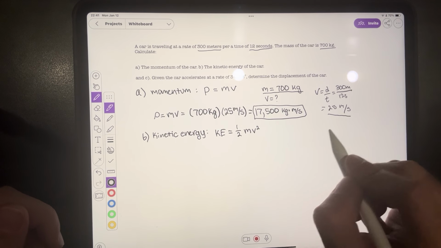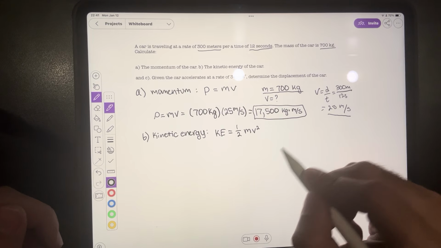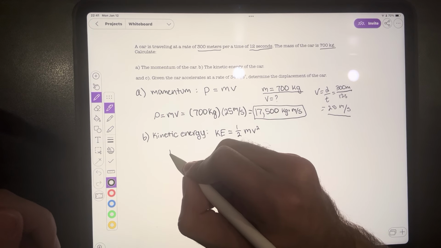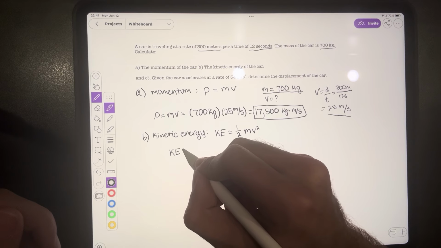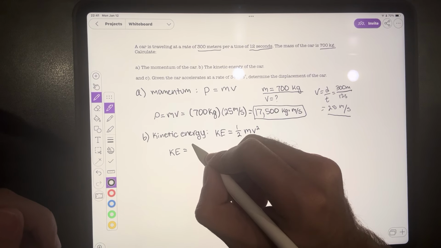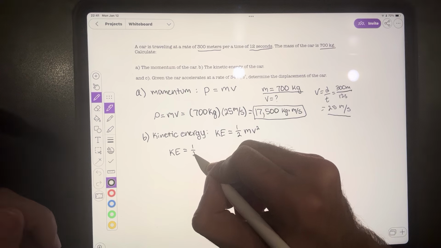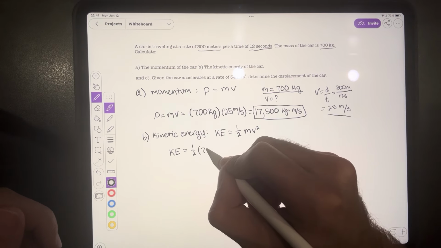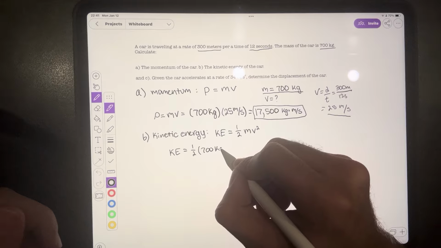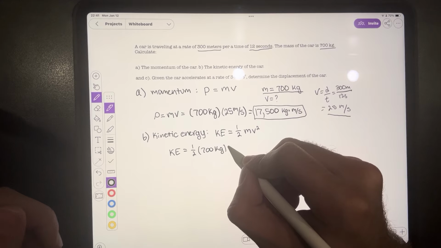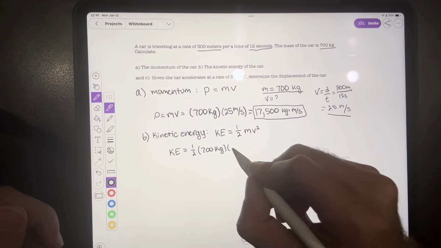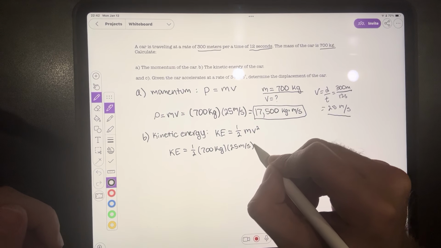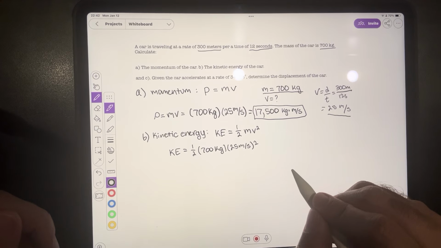25 meters per second. So this is a simple substitution problem where we get that the kinetic energy is 1/2 times 700 kilograms as the mass, and then times the 25 meters per second squared.